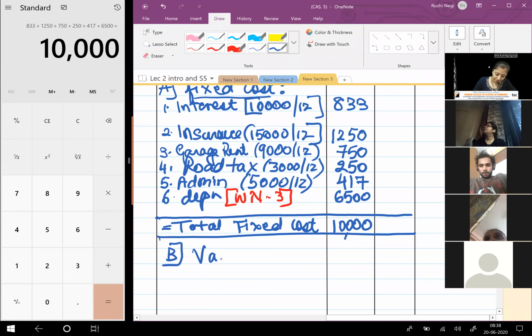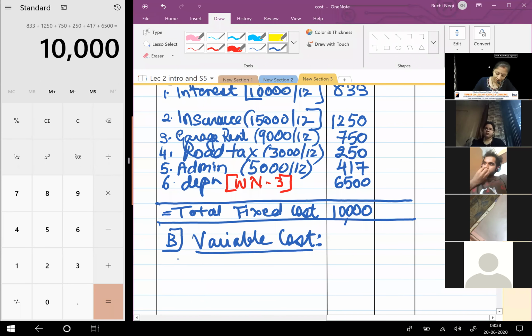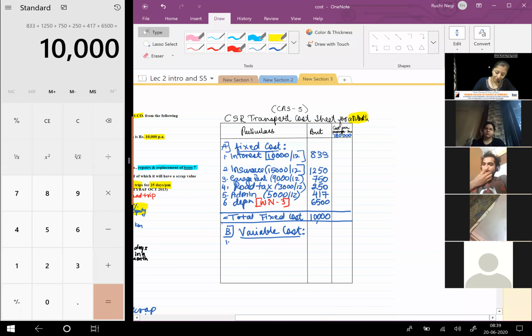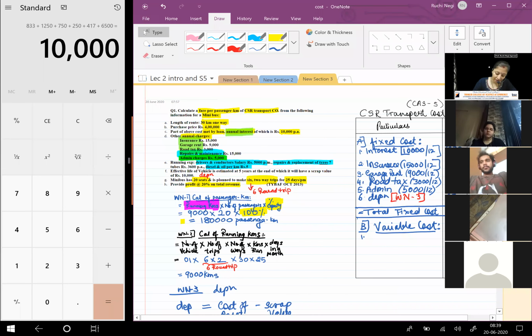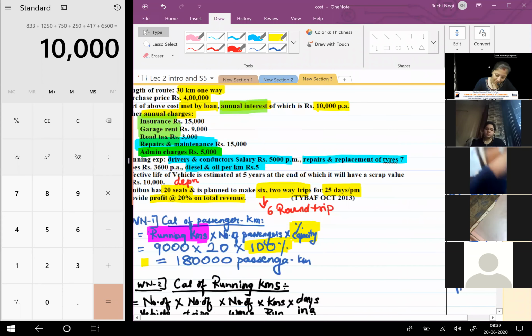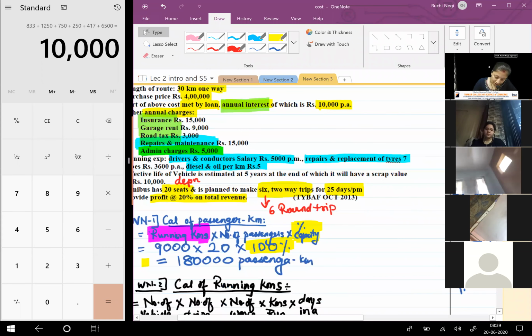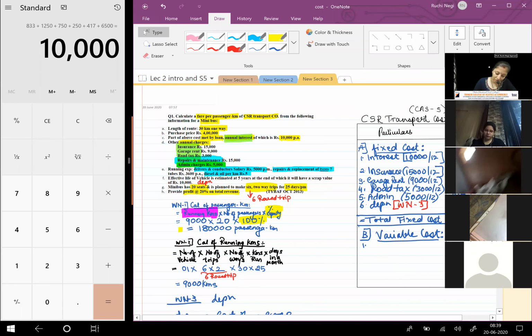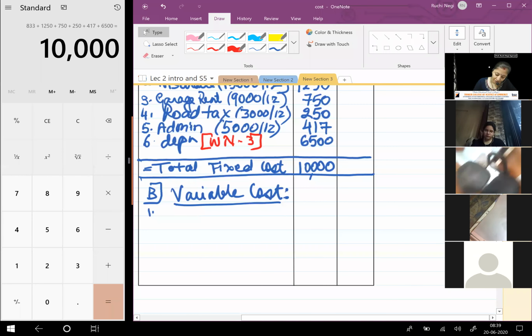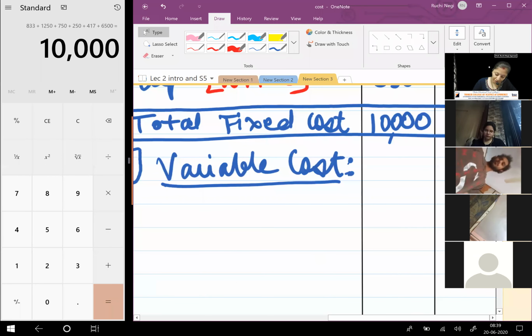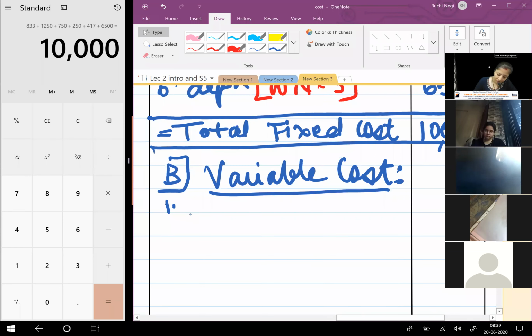Variable cost. In variable cost we have repairs and maintenance 15,000. So where are we? Variable cost, repairs and maintenance.